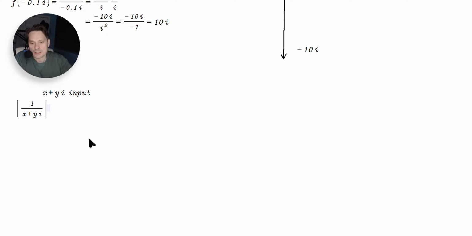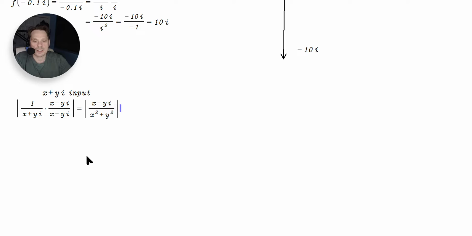Okay, so how do we do it? Well, here it does help if we first multiply by x minus yi over x minus yi. This is allowed, it's not arbitrary, because this is just a form of the number 1. You're allowed to multiply by 1. But then you produce x minus yi on top, and in the bottom you're going to have x plus yi times x minus yi, so hopefully you know by now that it's just x squared plus y squared.